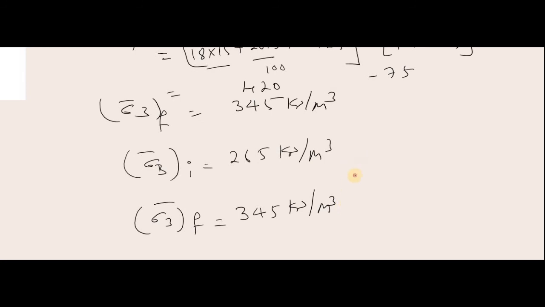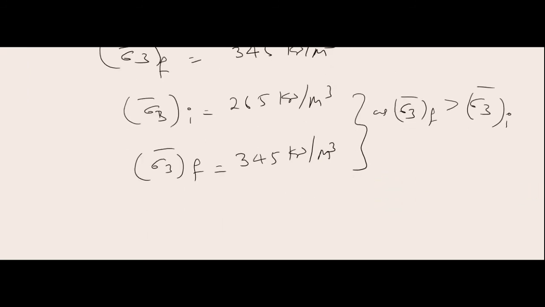It means that as effective stress at 3 final is greater than effective stress at 3 initial, due to lowering of the water table, effective stress increases. Write the conclusion.